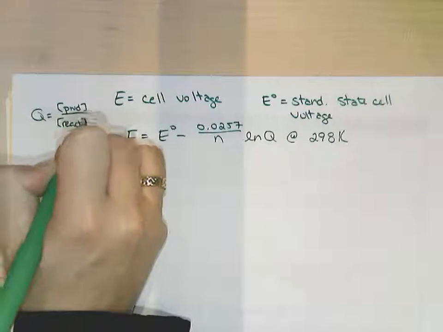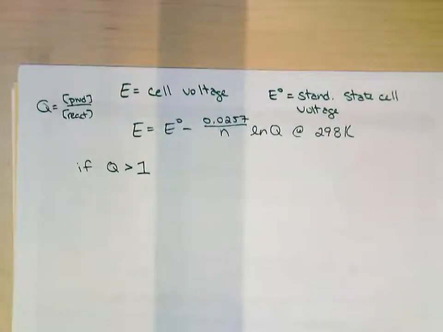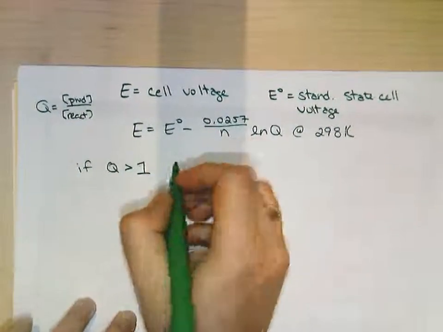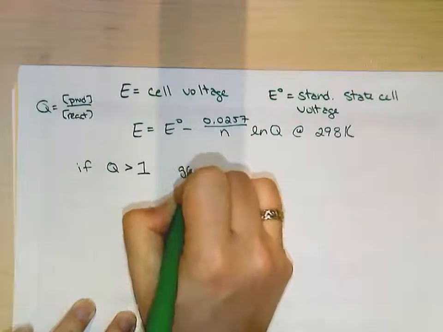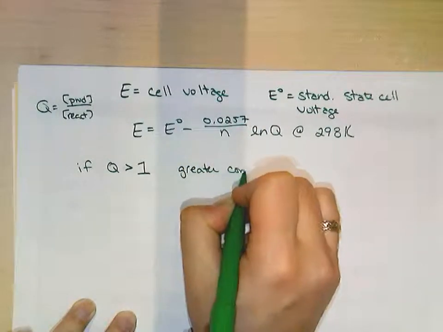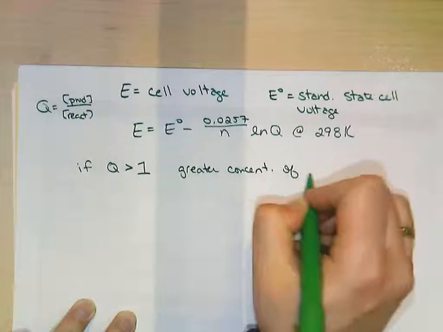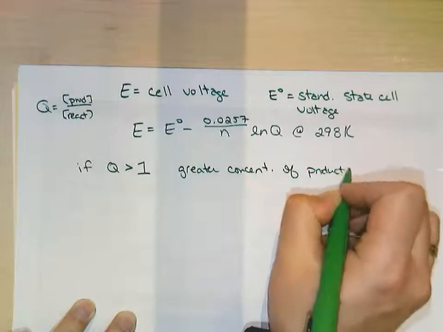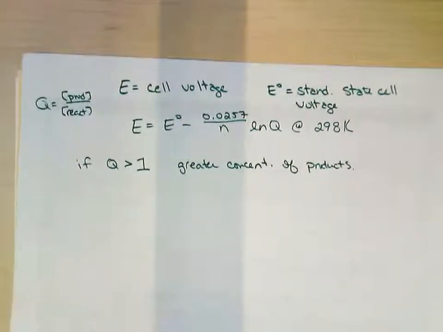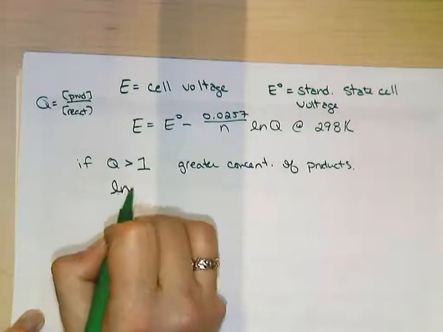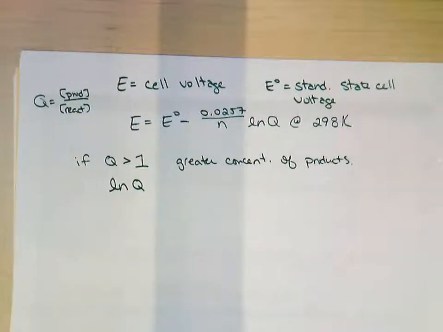If I have a Q greater than 1, then what's the natural log of Q? Will it be a positive number or a negative number? If you don't know, take your calculator and check real quick. Just do natural log of 5. Definitely positive. Natural log of 100. Still positive.